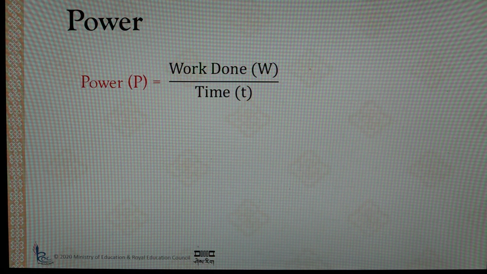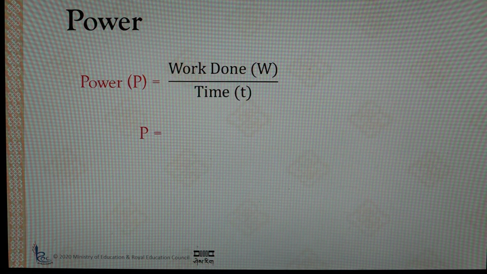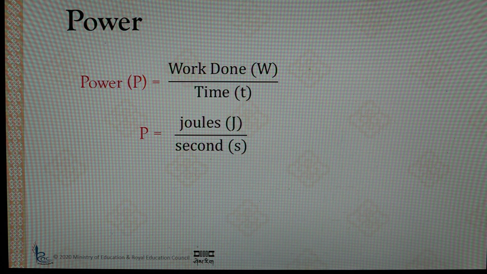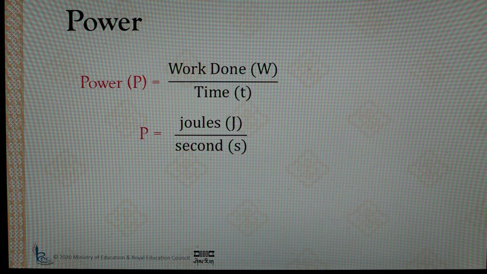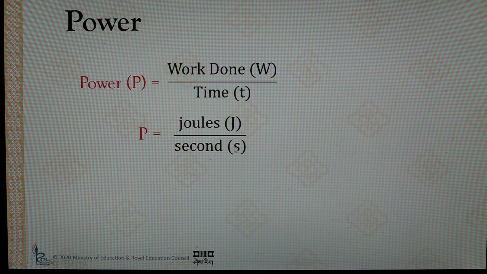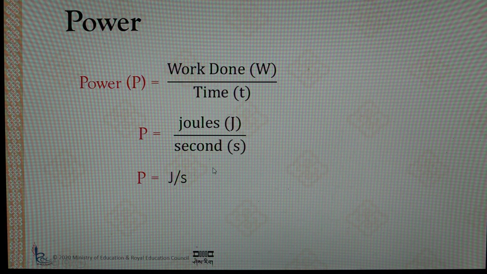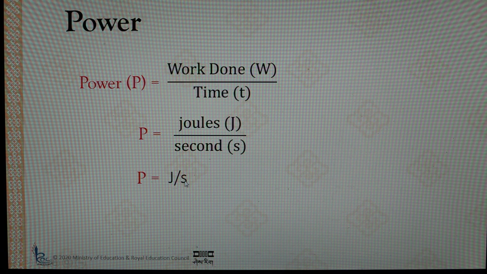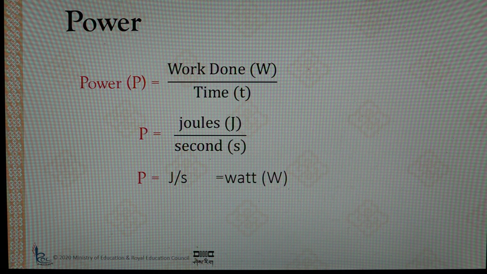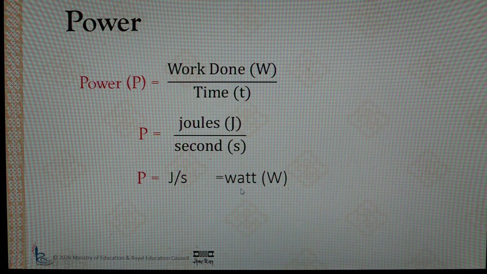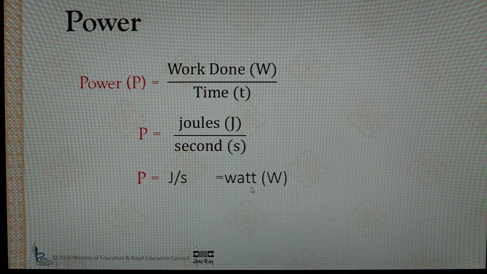The formula to calculate power is work done divided by time. So if work done is measured in joules and time taken is measured in seconds, then the unit for power is joule per second, or to be precise, the unit for power is watt.